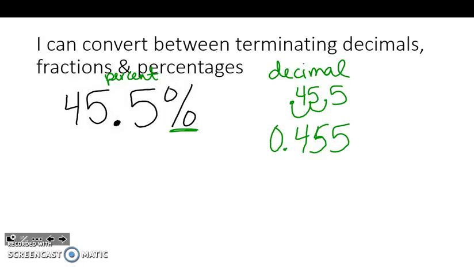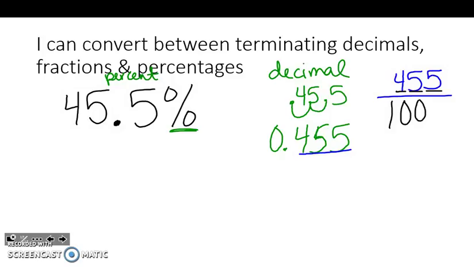And then we're going to turn that into a fraction. So we're going to put these numbers on the top, 455. And then we always start with a 1 on the bottom. And then there are 3 digits there.